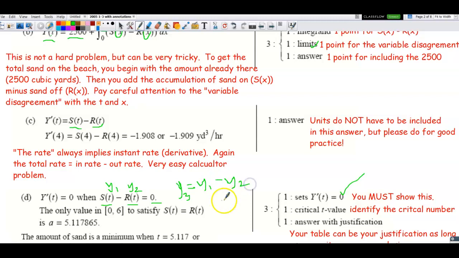You turn off y1 and y2, and in y4, you put in the x-axis and use your calculator to determine where the total derivative, total rate, crosses the x-axis, and you'll get a value of 5.11786. Remember, you need to store that value. Okay, so you're going to get 1 point for getting that critical number, and it's coming directly off the calculator.